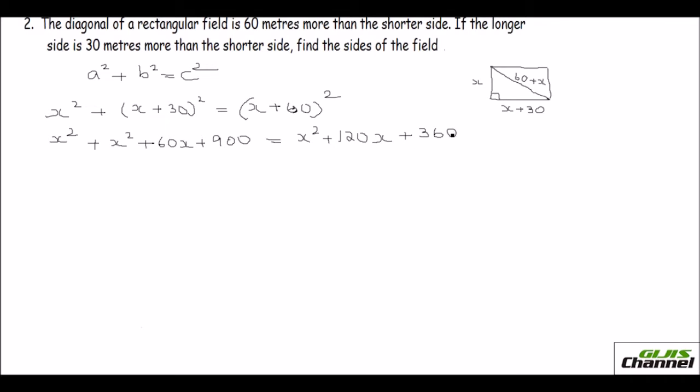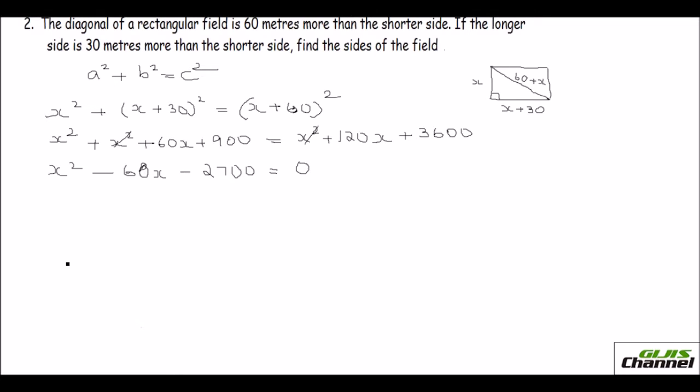Bringing all terms to one side, the x square and x square get cancelled. So you will be having x squared minus 60x minus 2700. So bringing all the terms to your left, you get this.